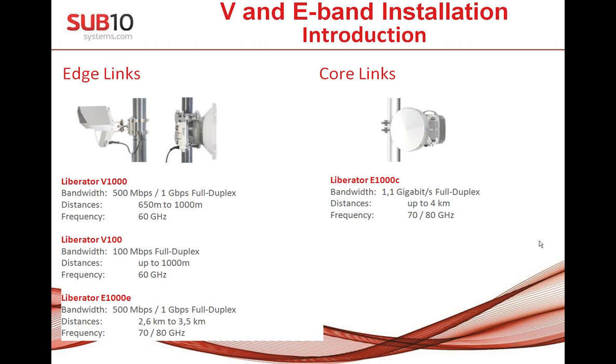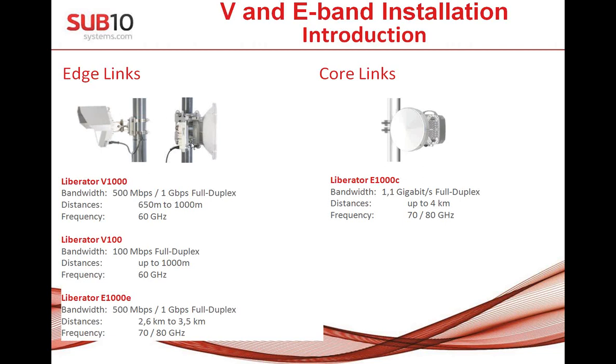This system is a little bit different. I didn't mention it, but V-band uses an integrated antenna. This is the device you see on the left. I am making a circle around it, and this is the V-band system. The antenna is integrated inside.